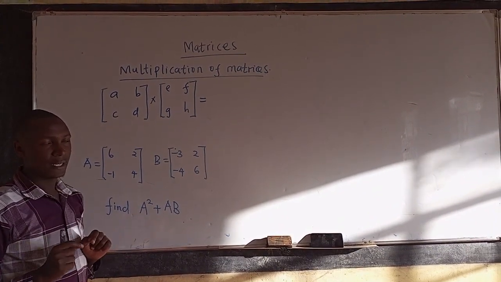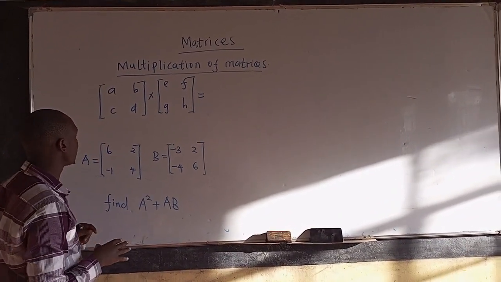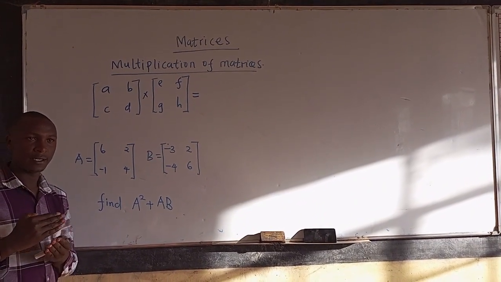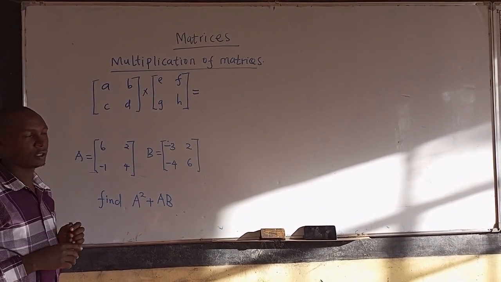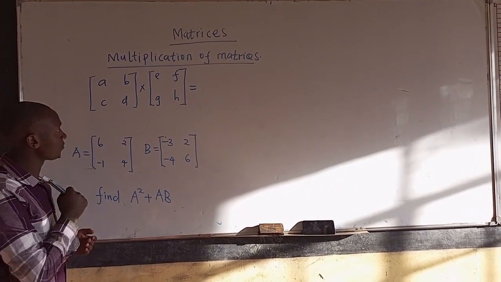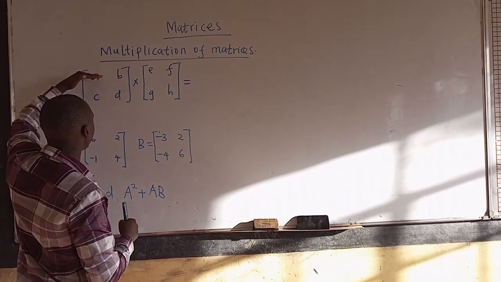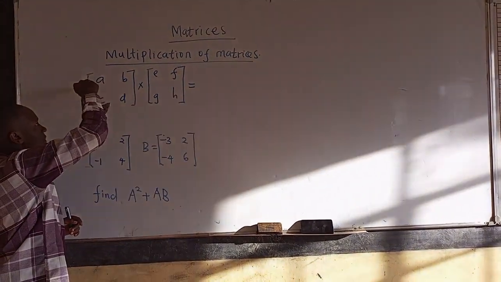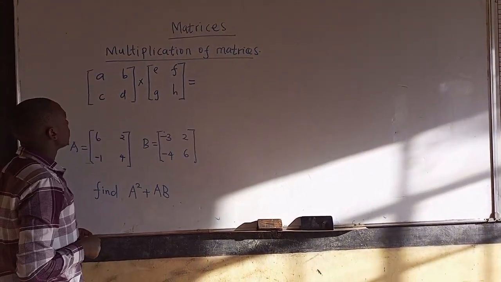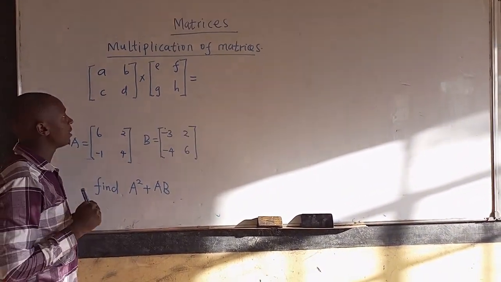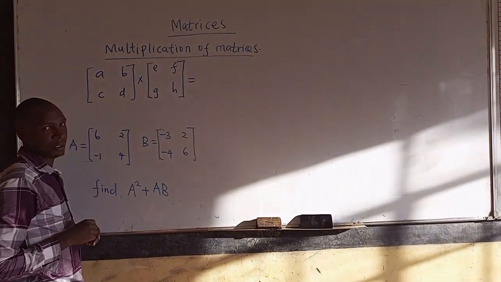For us to multiply these matrices, we are not going to multiply corresponding elements like we did in addition. We are going to do it this way. You begin with the first row, and you multiply the corresponding elements by the first column in the second matrix.